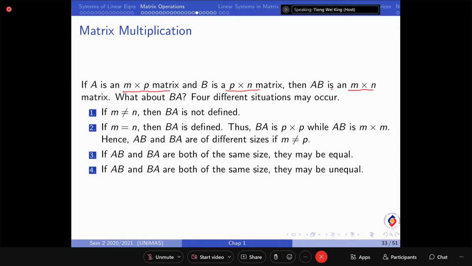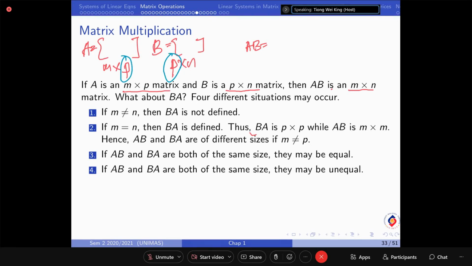Remember what I said just now, if you have a matrix A, which is M by P, and then you have B, which is P by N. If you want to find AB, the first thing you need to make sure is that these two inner values are the same.